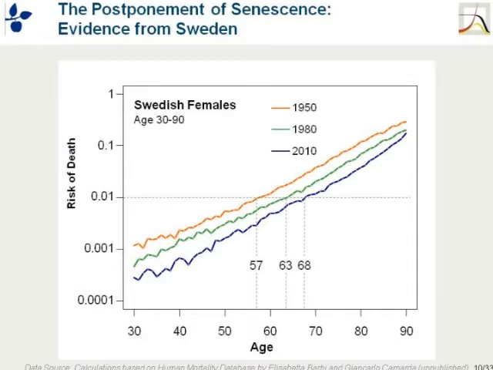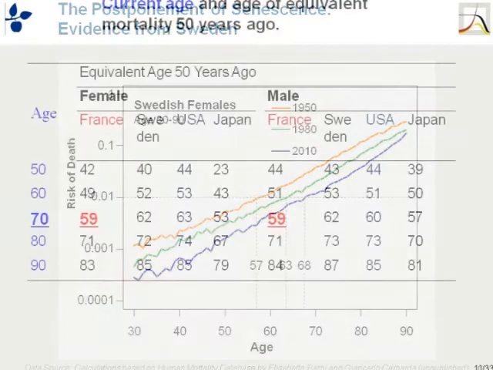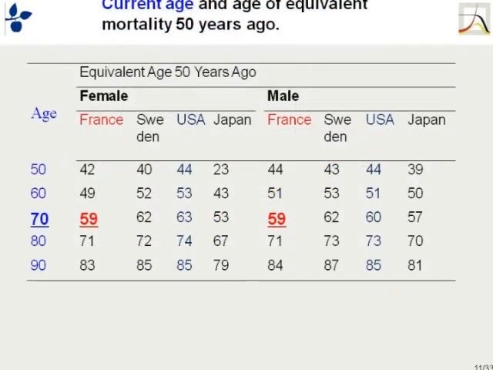Let me now show similar information, but for several different countries. Here we have current age, 50, 60, 70, 80, 90, and the age of equivalent mortality 50 years ago in different countries. I don't know how this thing works, so I'll just use my hand. If you look at the French, and let's say age 70, I have it in bold.